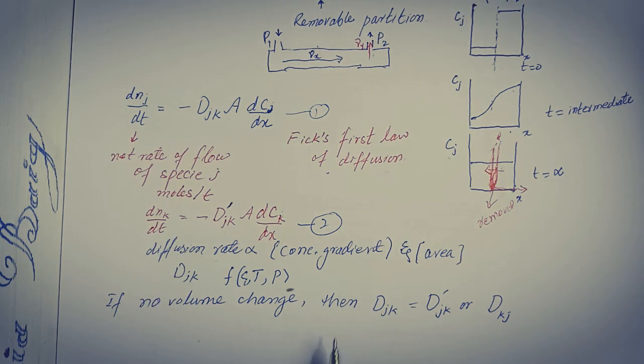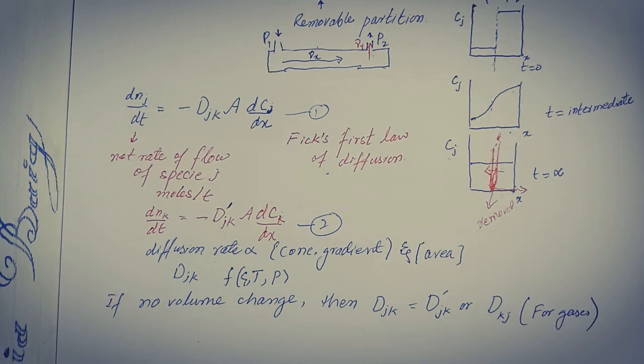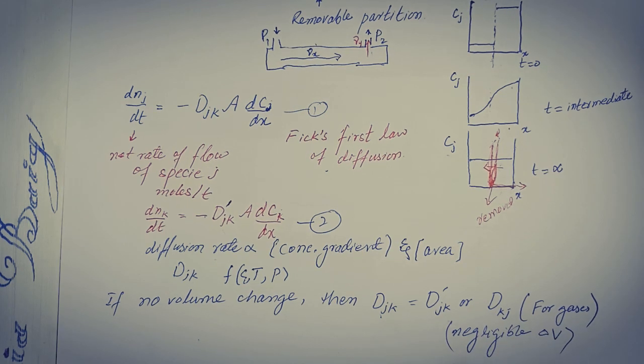And for gases, this condition is usually fulfilled. But in the case of liquid solutions, these two diffusion coefficients aren't exactly equal but have a difference due to the negligible change in volume. So we can say that both the diffusion coefficients are considered equal for the case of liquid solutions.